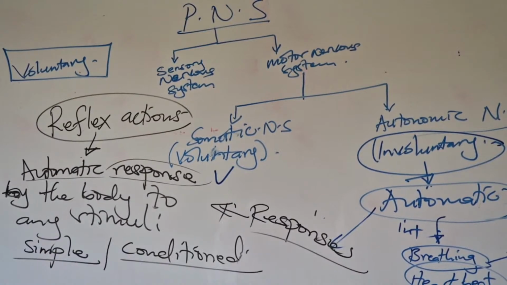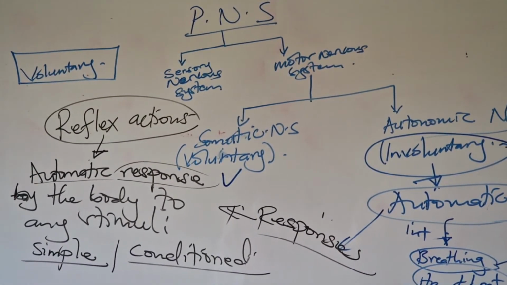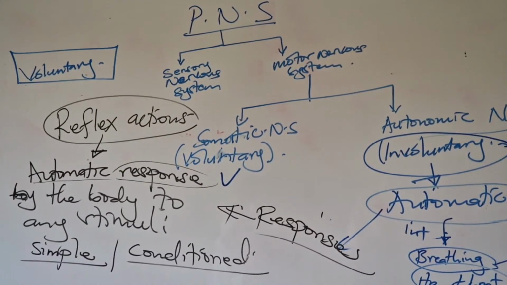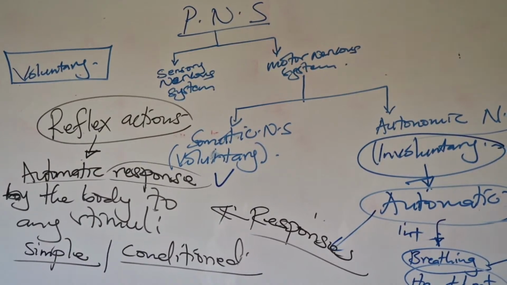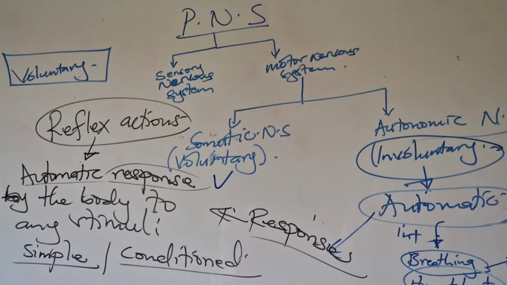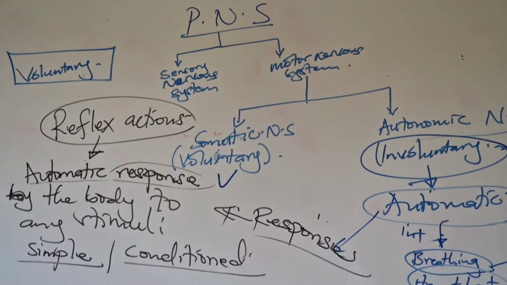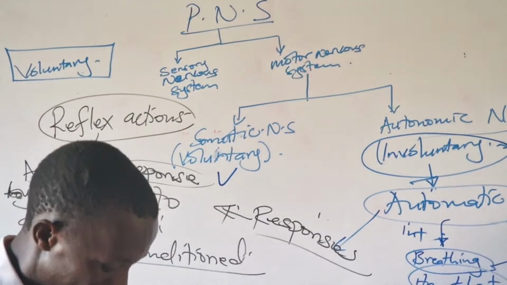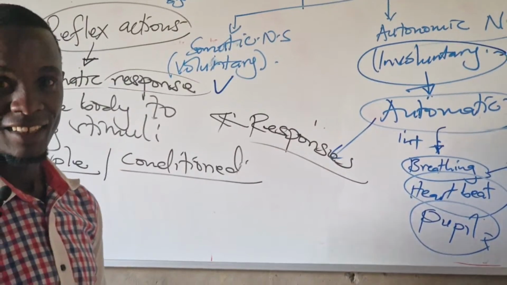For example, talking, dancing, all those are conditioned reflexes. The simple ones are, for example, the knee jerk, when you are tapped on the knee using a patella hammer. When you are hit by a patella hammer the knee moves automatically.